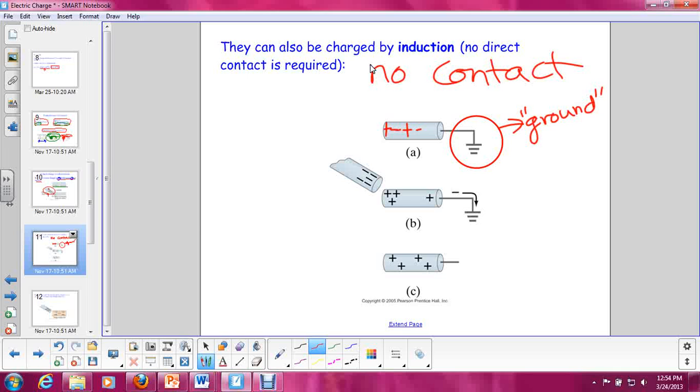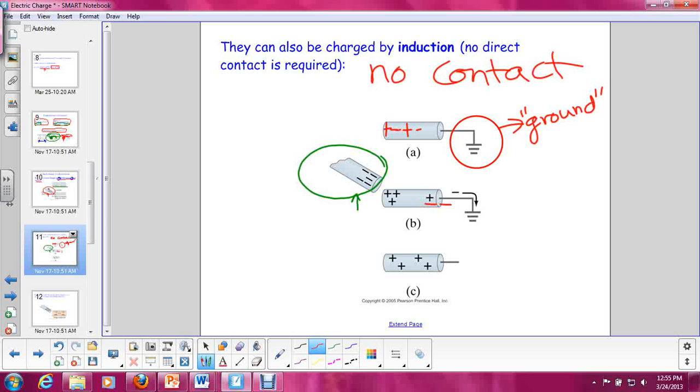So in order to induce a charge in something, you take a neutral object and connect it to the ground. Once you've done that, you can bring a charged object close to it. And remember, any kind of charges that are the same want to repel each other. So if we have a negatively charged rod here, the electrons that are in our neutral object are going to want to go this way.